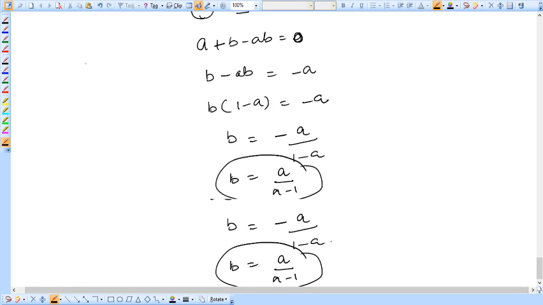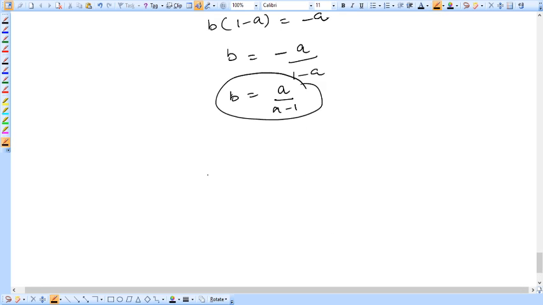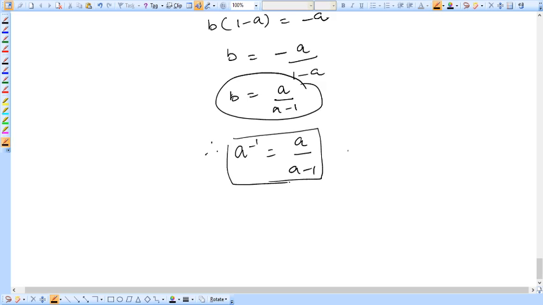Therefore the inverse of A, we can write, A inverse is equal to A by A minus 1. Okay, so this will act as the inverse of A, right?